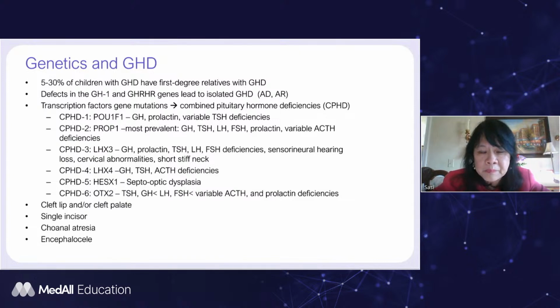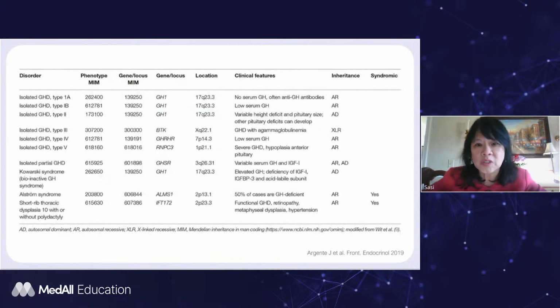And we also have defects in transcription factor genes, such as POU1F1, PROP1, LHX3. You can see there are multiple genes that can cause growth hormone deficiency, and some of them may also affect other pituitary hormones as well, such as prolactin, TSH, LH, FSH, or ACTH. There is a long list of different genes that I won't go into detail today, but it's just something to be aware of, that many cases of growth hormone deficiency can be due to genetic defects.